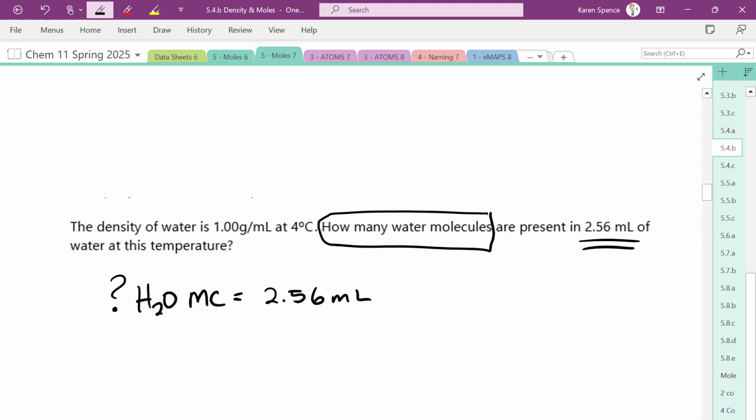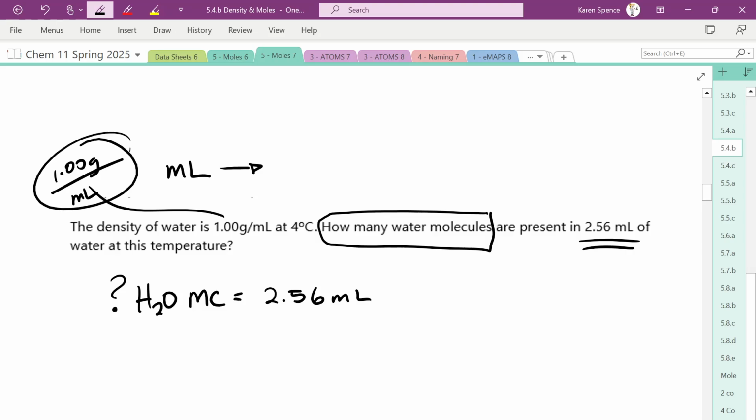What can we convert milliliters into? And we're given 1.00 grams per milliliter. What can we convert milliliters into? Grams. Okay, milliliters can go to grams. So milliliters is going to go to grams.